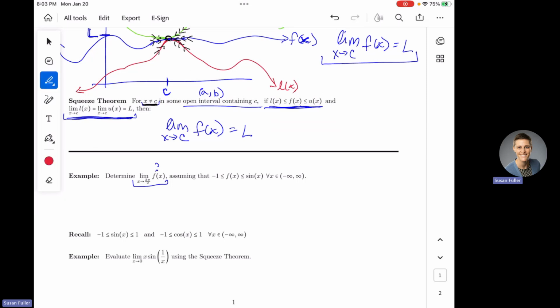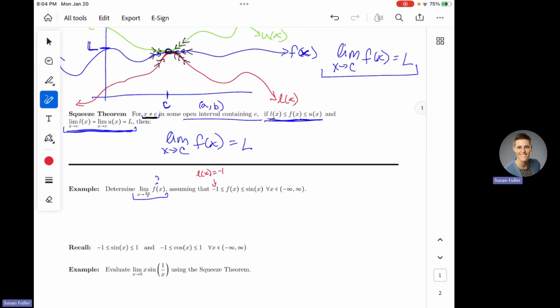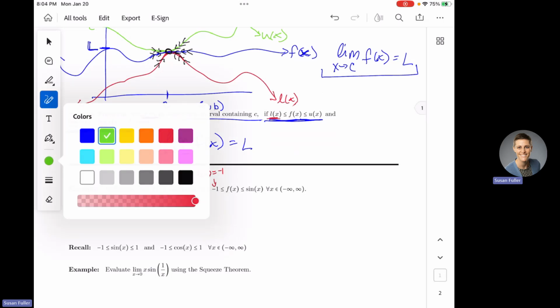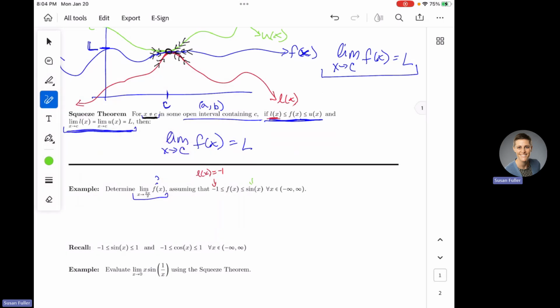With what we had up here, this -1 is my lower function, L of x, because that's the one that's below my function everywhere. And notice they already set this inequality up. This sine of x is my upper function because it's above my function everywhere.